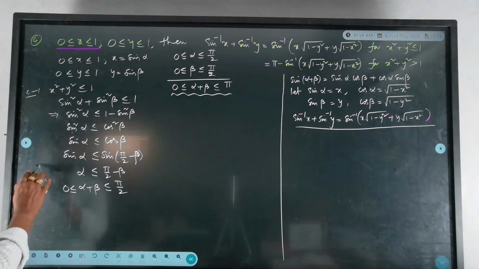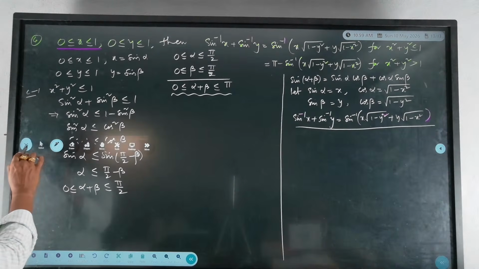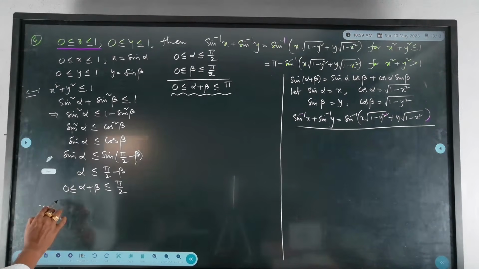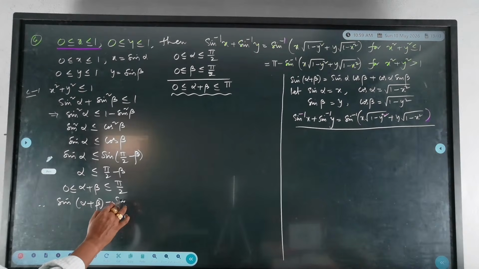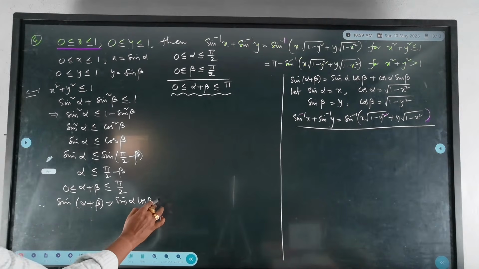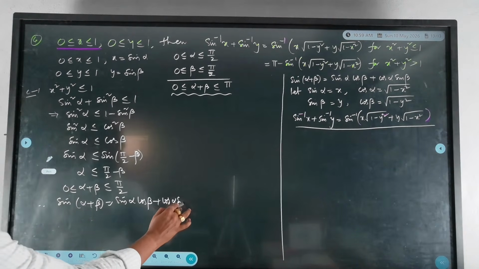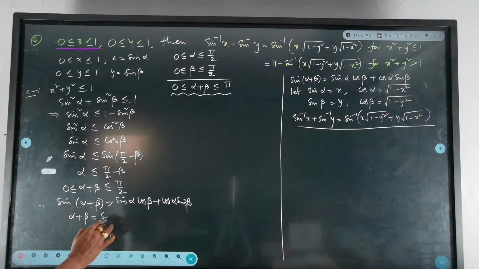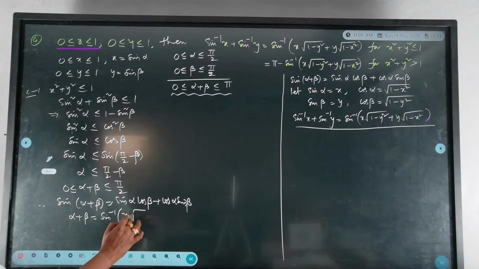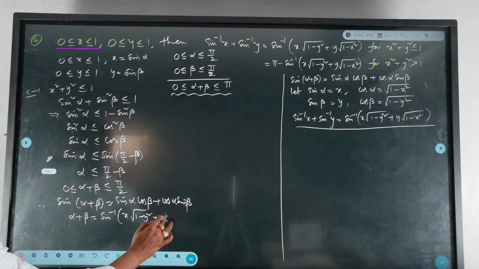So therefore sin(alpha plus beta) is equal to sin alpha cos beta plus cos alpha sin beta. So alpha plus beta is equal to sin inverse of x root 1 minus y square plus y root 1 minus x square.